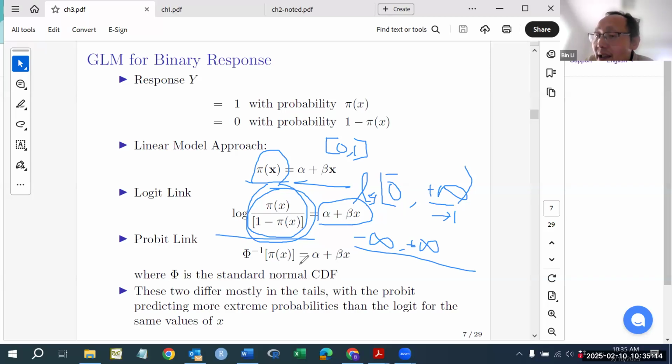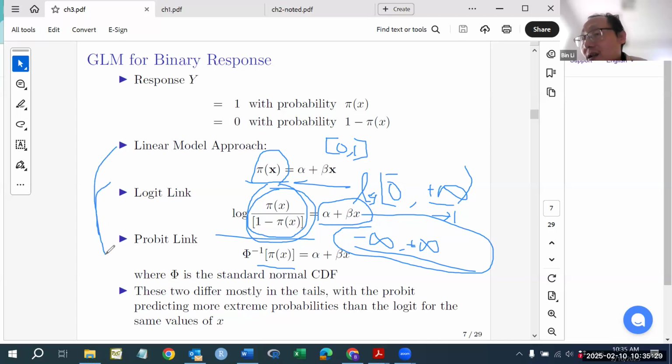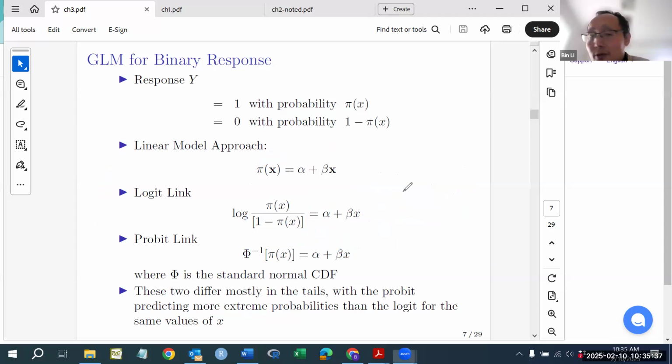The z-score ranges from negative infinity to positive infinity, right? So we won't have that problem. So these are the three, but there are others like the log link and some others. These are the three commonly used link functions.